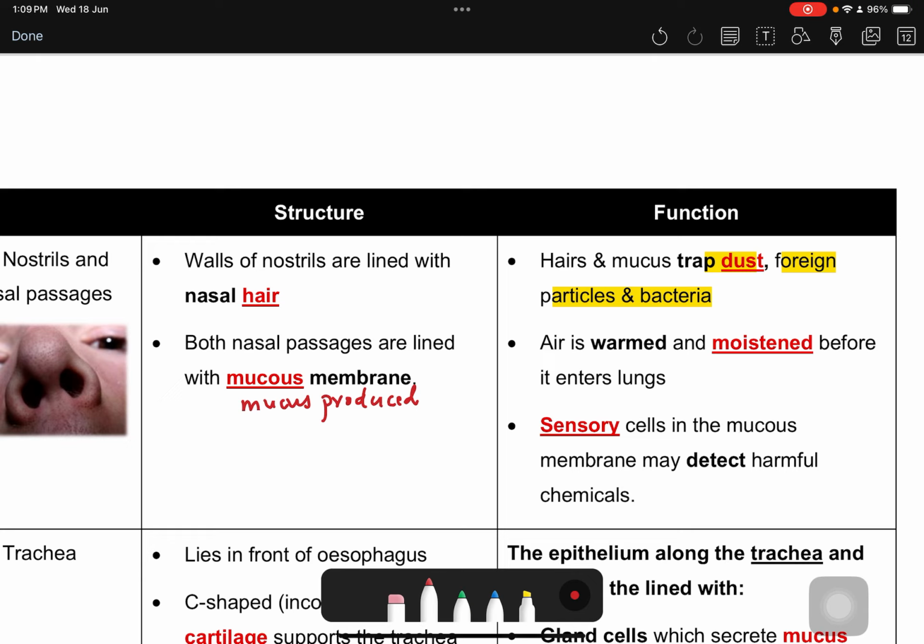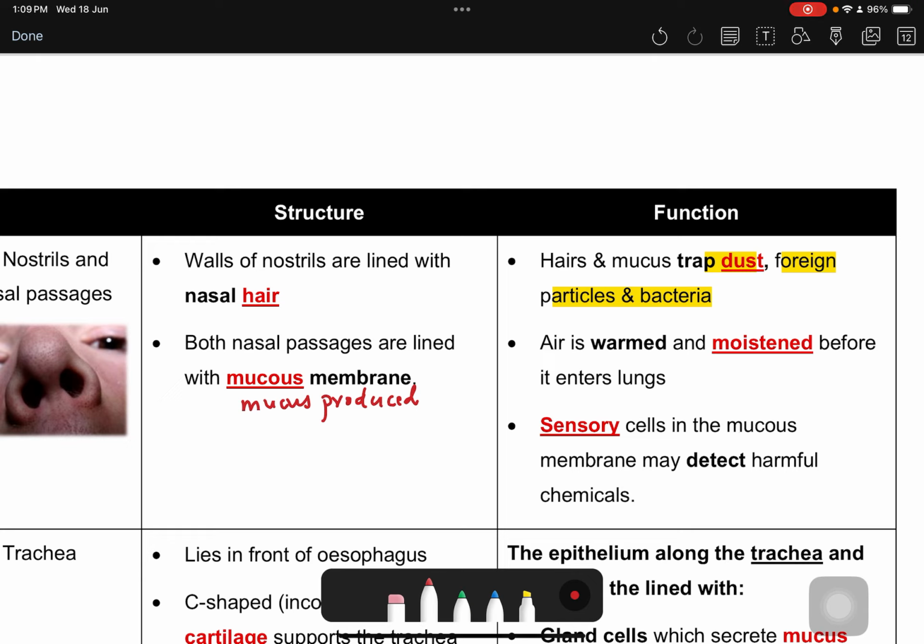Let's do a little simple experiment right now. I want you to take in a deep breath of air and then let it out through your mouth while having your palm right in front of your mouth. So take a deep breath and expel it out along your palm, and you feel that the air that is being expelled is actually warmer.